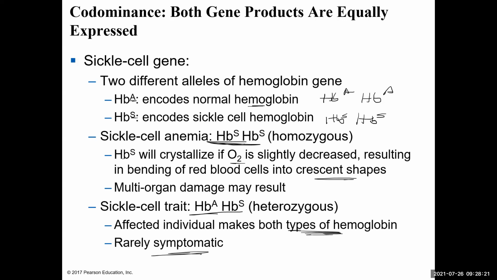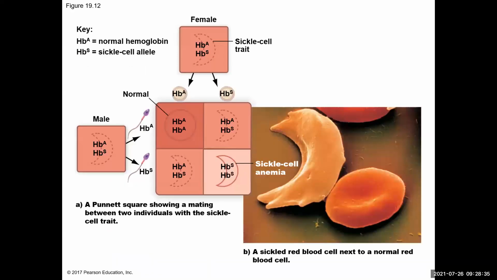One of those is that it can lead to organ damage because of the drop in oxygen concentration, because the sickle-shaped blood cells don't bind oxygen as readily. So basically, you can be a carrier of sickle cell. You have the trait, but you don't have the symptoms. So you're heterozygous, and then you can be homozygous sickle cell or homozygous normal.